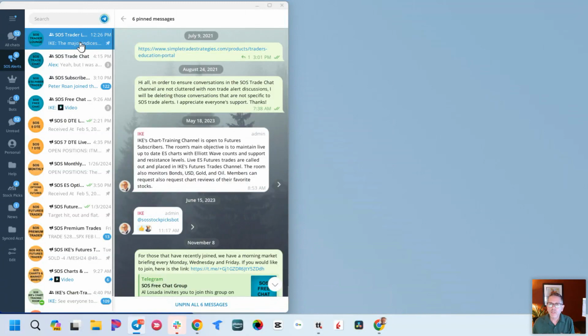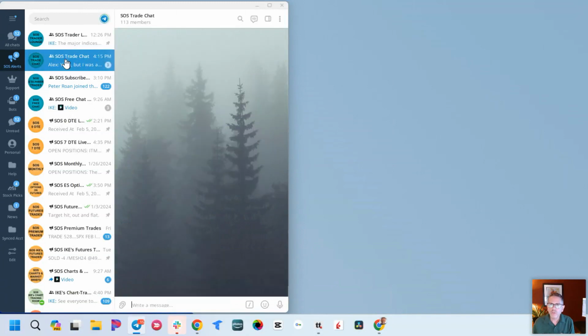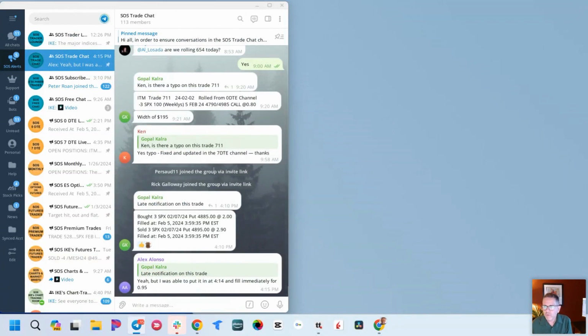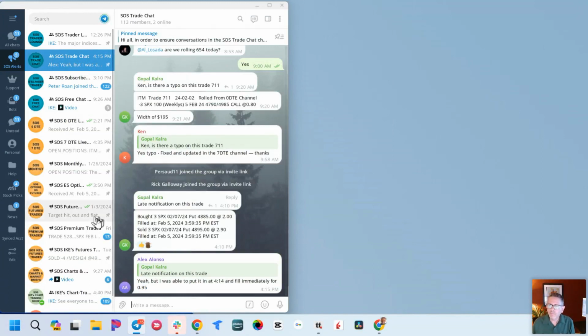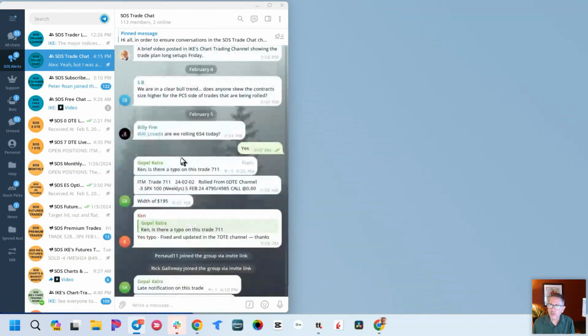So let's go from Trader Lounge to the chat room, and let's go to the pin. The chat room is to discuss, ask about, and manage SOS trades, consisting of 0DTE, 7DTE, monthly futures, and premium trades. These positions are based on the channels that you're going to see in a few minutes, and it tells us specifically what trades we are in.